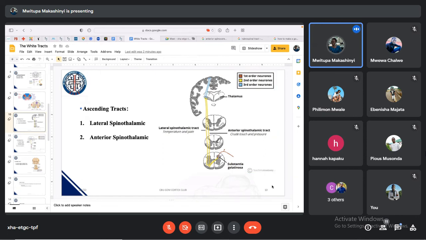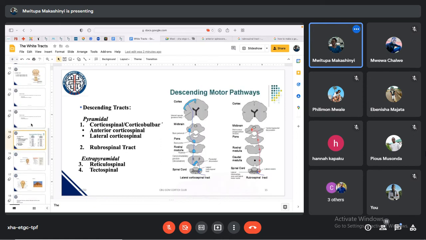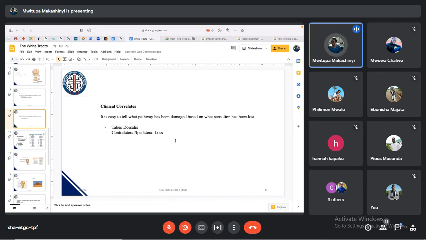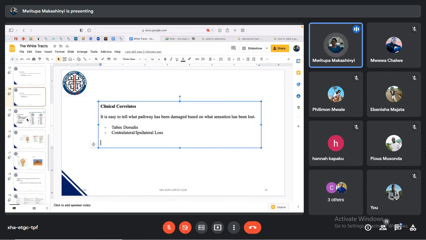That's an example of where a patient wouldn't be able to discriminate crude touch. Or you put something hot near your patient's skin and they can't feel it. So then it just becomes a question of, okay, at which level of the spinal cord is this injury? Where is the lesion, basically?